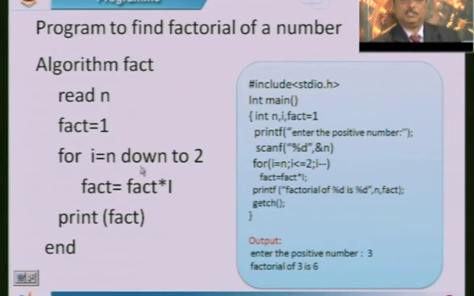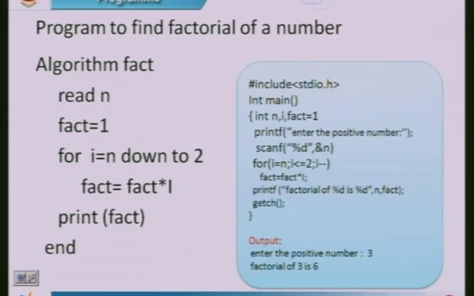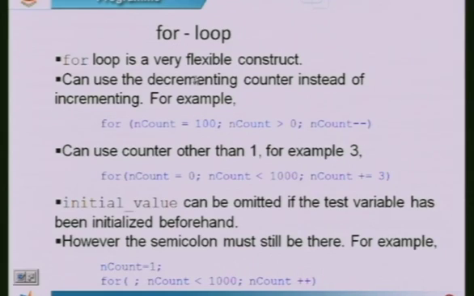You can use it in the forward fashion or in the backward fashion, depending on the problem domain, and change accordingly to best utilize it for the factorial of a given number. So the for loop is a very flexible construct. It can be used for decrementing the counter. For example, n count is a variable initialized to 0, until greater than 0, n count minus minus.